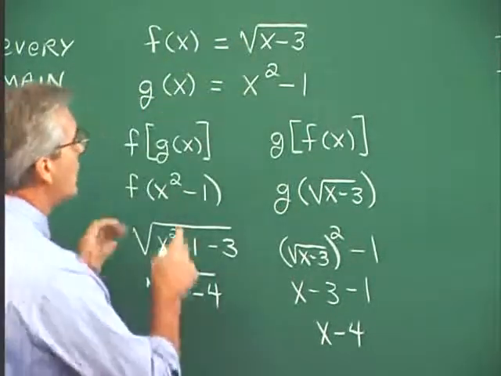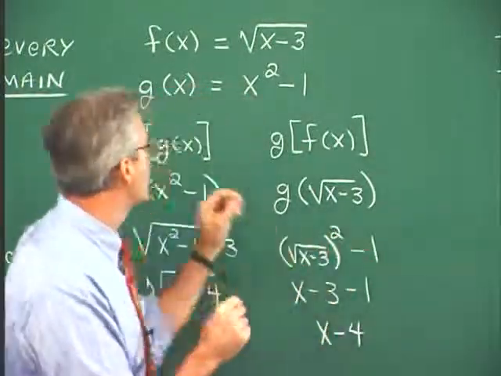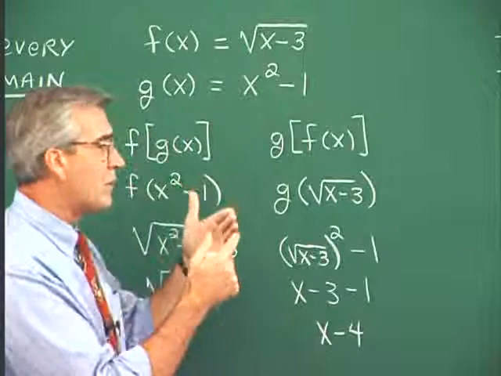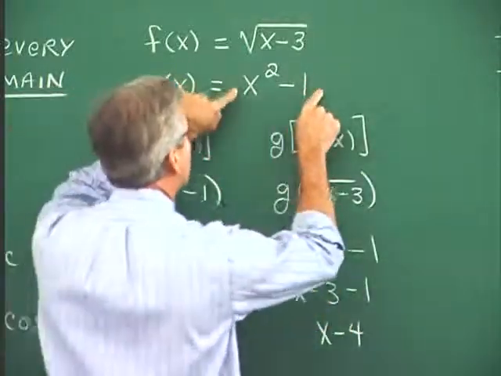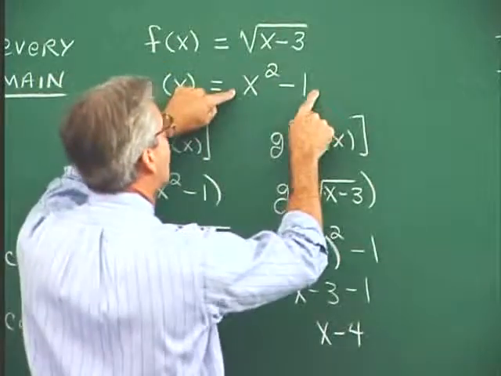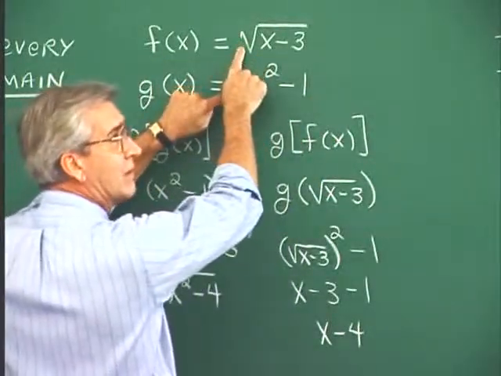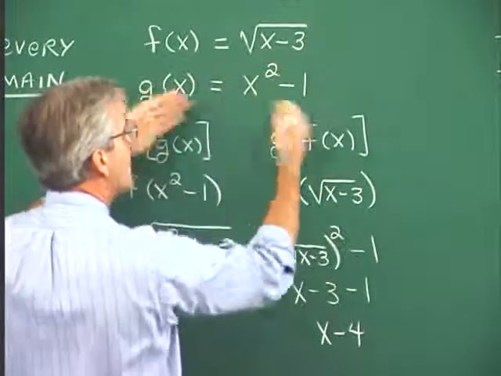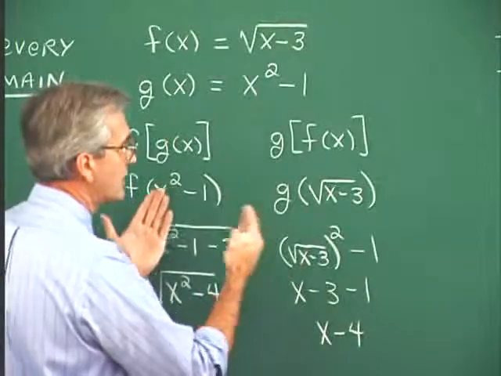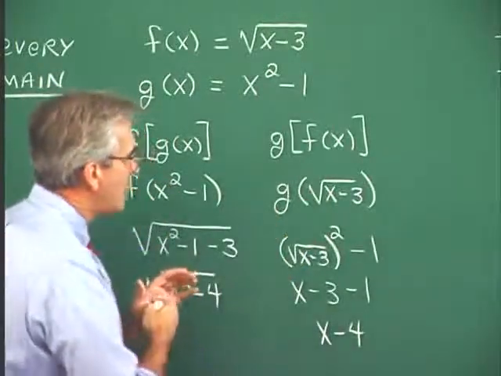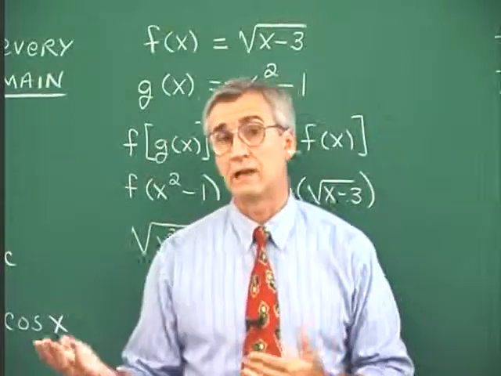As long as we stay away from target points where g of that target would put us outside the domain of this function, we're fine. We're continuous everywhere in the composite functions. So basically, with the composition of functions, if you're starting out with good stuff, you're going to end up with good stuff.